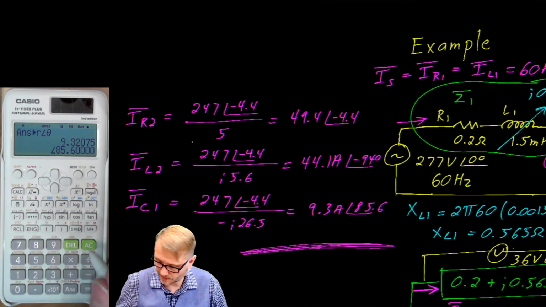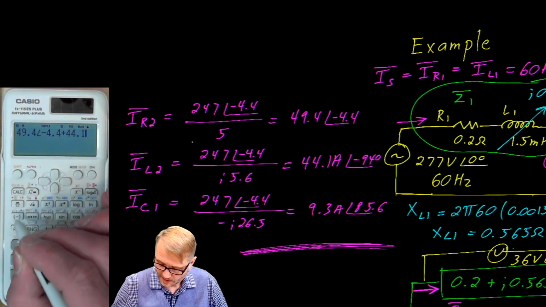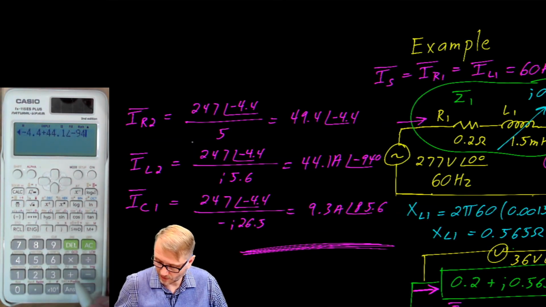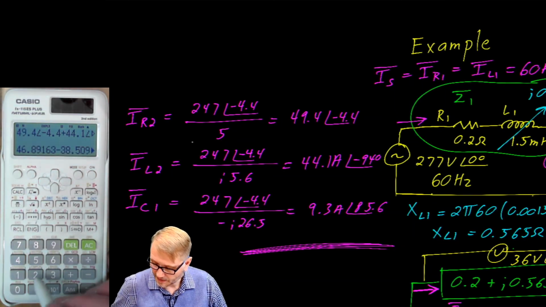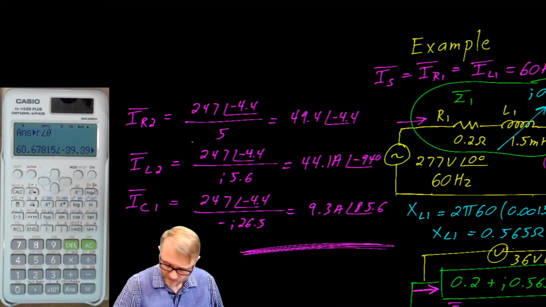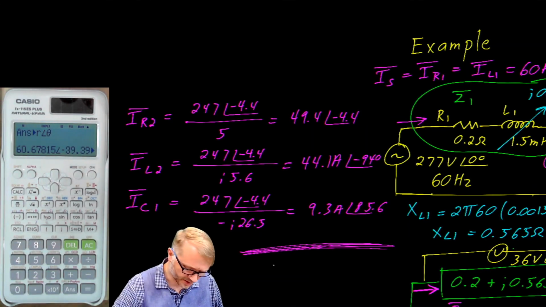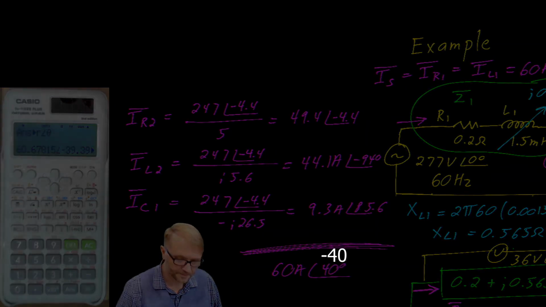So let's see if that's true. 49.4 at a phase angle of negative 4.4 plus 44.1 at a phase angle of negative 94 plus 9.3 at a phase angle of 85.6, and polar. Here we are. I mean, there are some rounding errors, but that's very close to our 60 amps at a phase angle of negative 40 degrees.